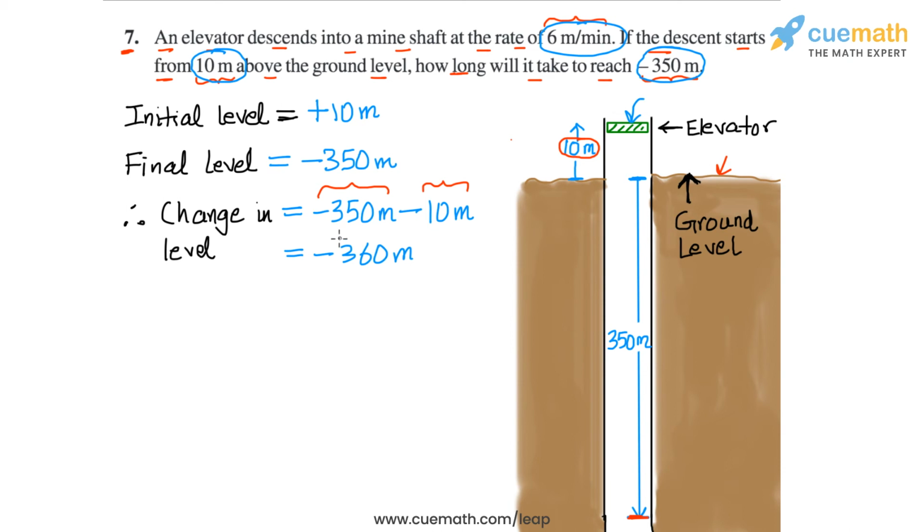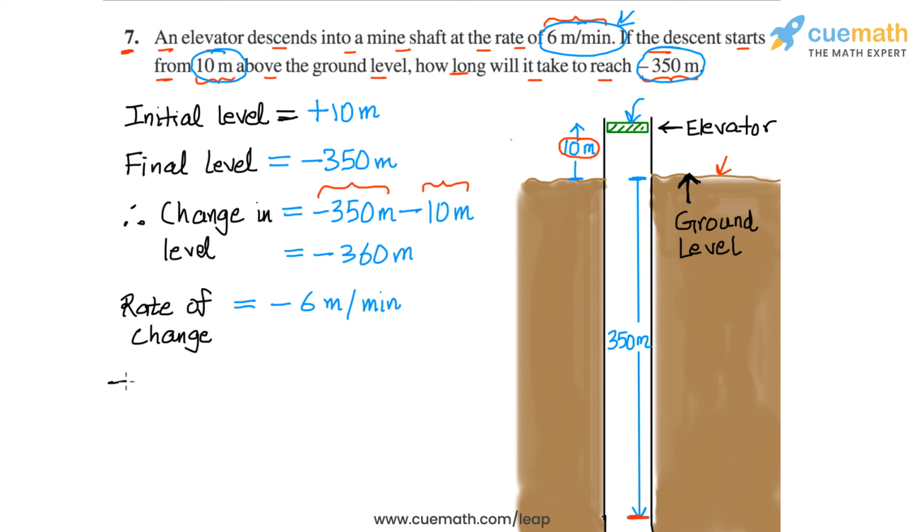So the change in level is minus 360 meters, which basically means that the elevator is going 360 meters in the downward direction. Now, what is the rate of change? What is the rate at which the level changes? We are given 6 meters per minute downward. So we can write the rate of change as minus 6 meters per minute because the elevator is going down.